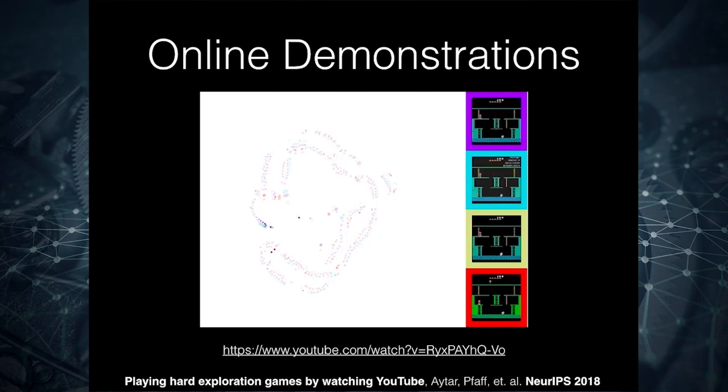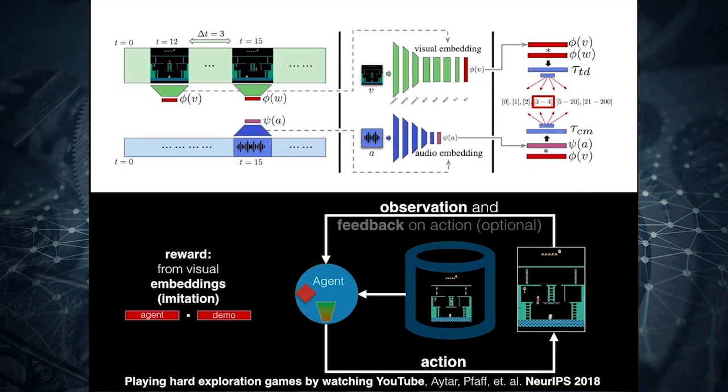So this embedding was a key step to learn a common representation for this behavior in this game. So, how to learn this common representation?